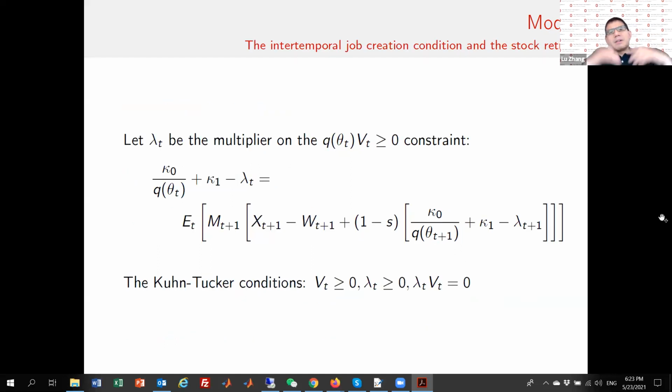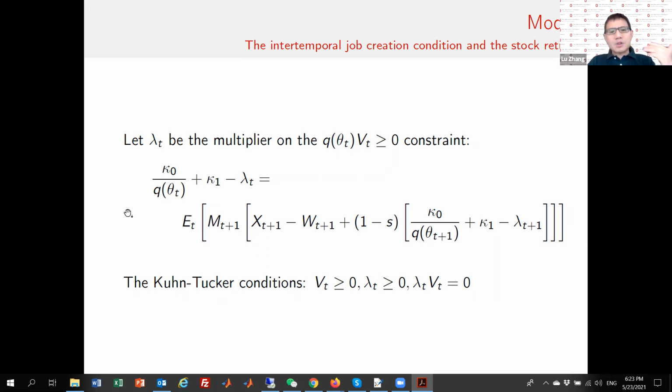The model is simple in the sense that there's only one functional equation to solve, which is the intertemporal job creation condition. The left-hand side is the marginal cost of hiring, with the vacancy non-negativity constraint accounted for. The right-hand side is the marginal benefit of hiring.